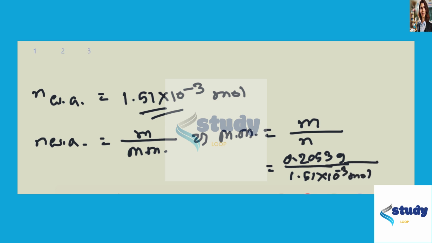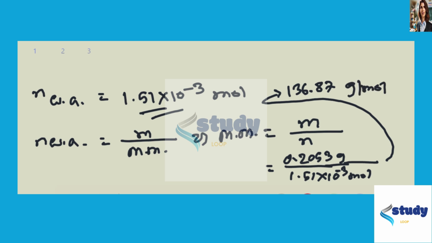So from here we can find the molar mass of the weak acid, which will be equal to 136.87 gram per mole. So this is the molar mass of the weak acid we are asked for in part A of this question.